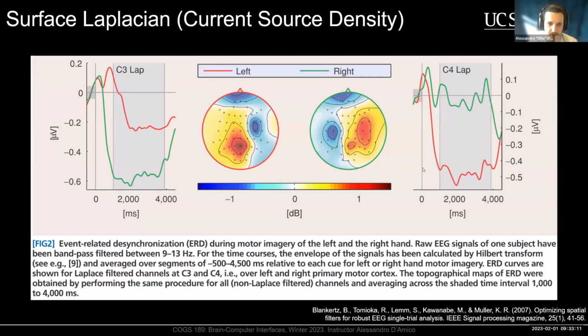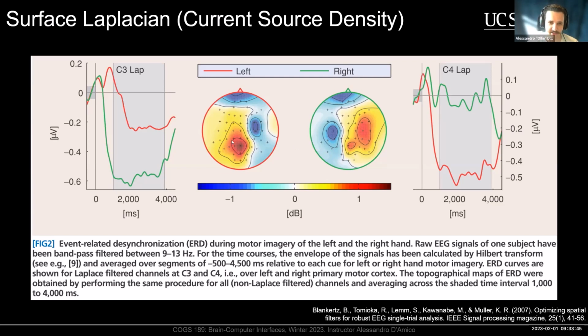And what we see here are the actual spatial patterns of this activity. We can see that the Laplacian filter maximizes, and in this case, plus and minus are sort of arbitrary, but with the Laplacian, it's showing that more activity is going towards this region of the scalp, and activity is leaving this region of the scalp.